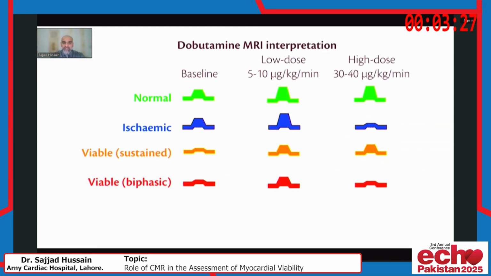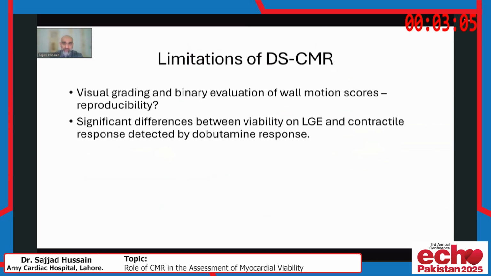And then there is a classic biphasic response in hibernating myocardium where low dose dobutamine infusion causes an increase followed by a decrease in myocardial function if there is a high dose dobutamine infusion. And of course, then there is the non-viable myocardium which doesn't show any change at all.